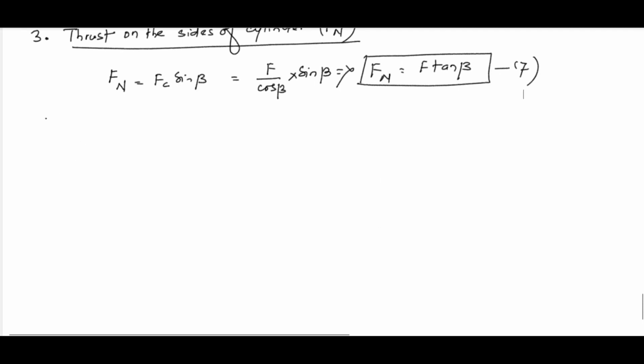Now the fourth force is the crank effort, denoted by the symbol F subscript T. Ft is the crank effort.